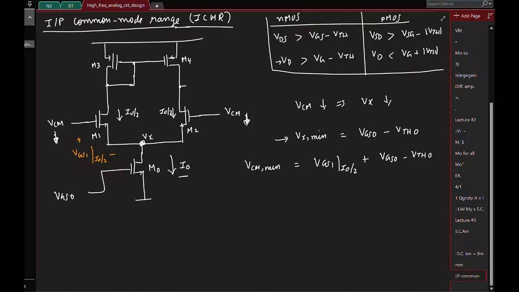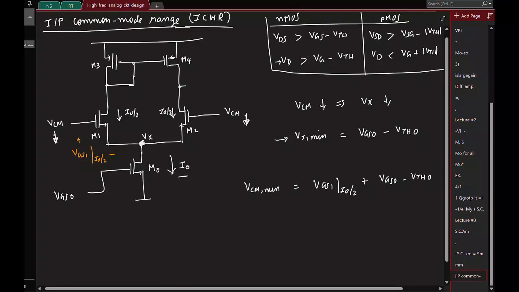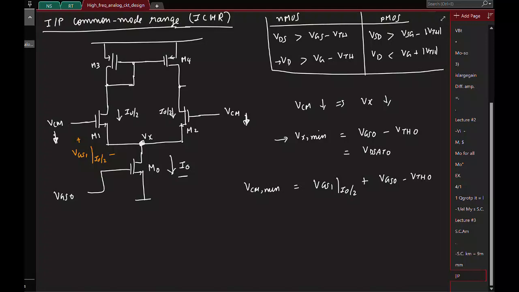One quick terminology. This guy VGS minus VTH is usually called the VD sat, because it is the minimum drain to source voltage required for the transistor to be in saturation. This is just a terminology, or sometimes it is also called the overdrive voltage, VOV.